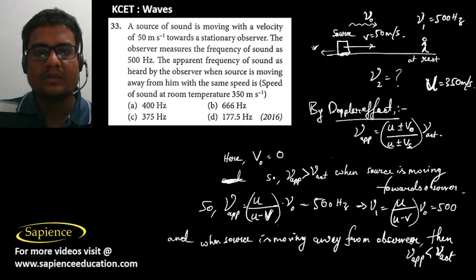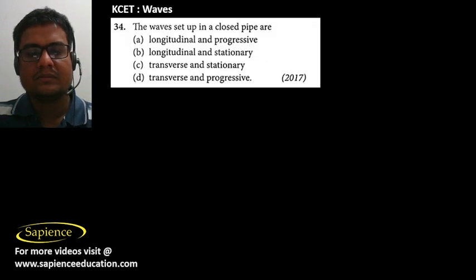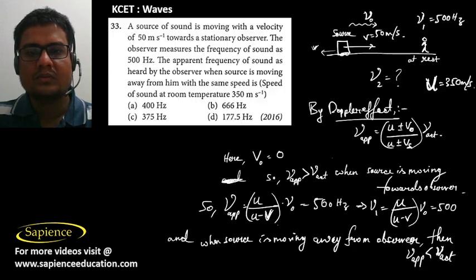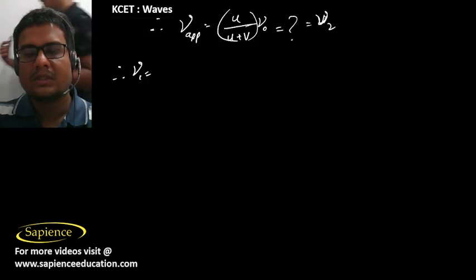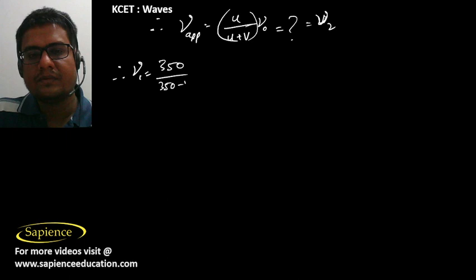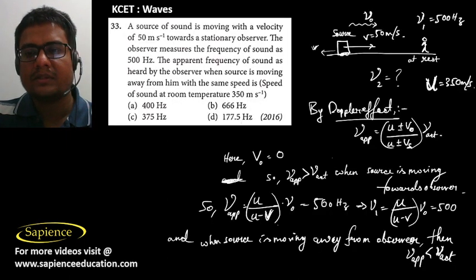Therefore now nu 1 is equal to u by u minus v. So u is 350, so 350 by 350 minus v, and v is given as 50.